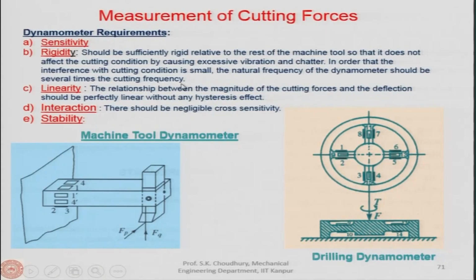What is meant is that when you are fixing the dynamometer on the tool post, or the tool post is on the dynamometer, whatever is the case, that is an additional mass attached. And that additional mass should not have a natural frequency which is equal to the natural frequency of some parts of the machine tool.